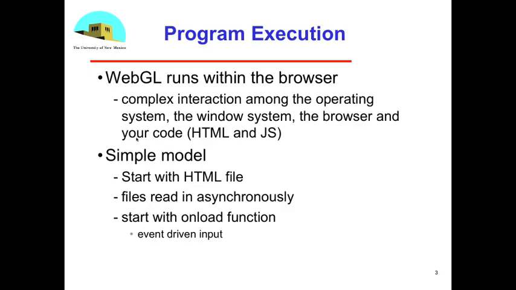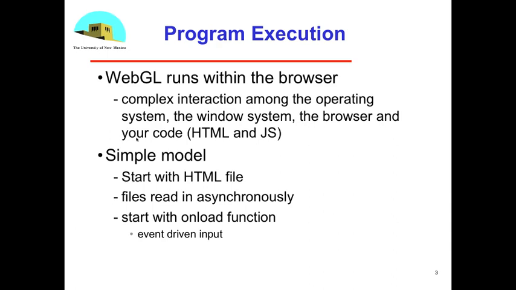One of the things that you're going to come across as you start working in web applications is that the execution model that I mentioned last time is somewhat different from what you're used to when you compile a program, link it, and then you just run the program and it has control. You're in a much more complex environment on the web, and so for now the part we need to know is just that we start with this HTML file.